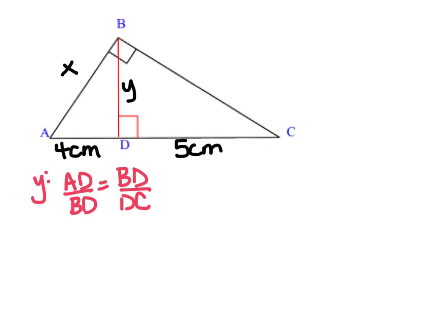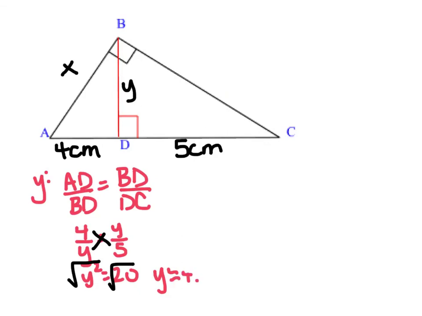So we plug in some values. We end up with 4 over y is equal to y over 5. We cross multiply, which gives us y squared equals 20. We take the square root on both sides, and we end up with y is approximately 4.47.